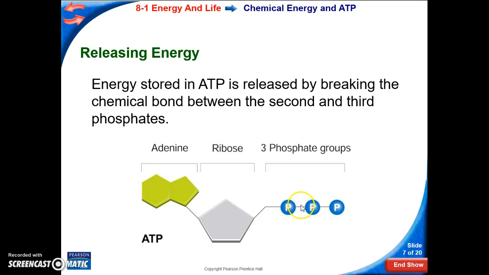You think of it basically as springs that are tightly wound, holding these molecules together. And when we're able to break that bond, we get a big release of energy. That's what the cells use to do all of their functions.